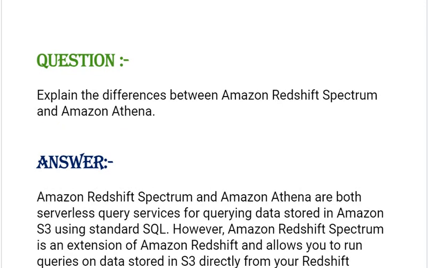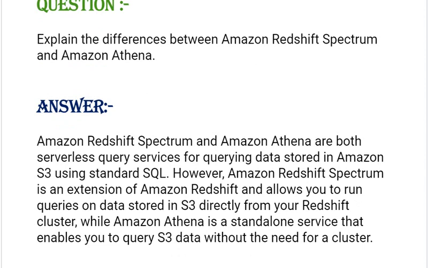Our next interview question is: explain the differences between Amazon Redshift Spectrum and Amazon Athena. Your answer should be Amazon Redshift Spectrum and Amazon Athena are both serverless query services for querying data stored in Amazon S3 using standard SQL.